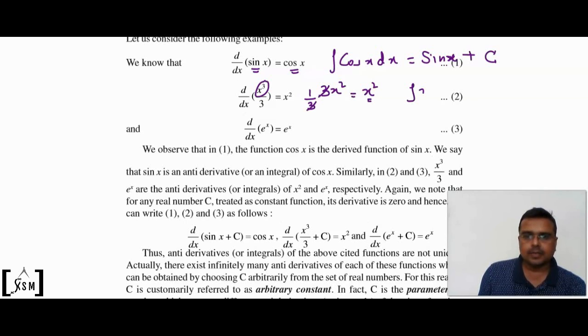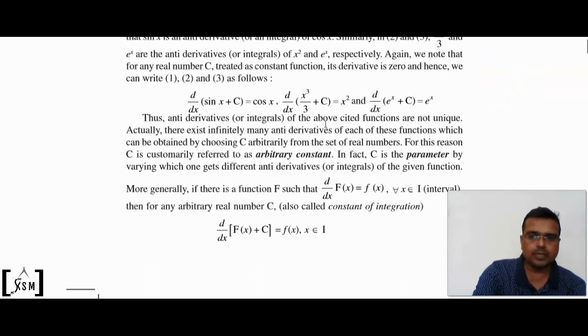So we can say that x square integration will be x cube over 3, right? And plus c is always there as an integral constant. So this is the basics of integration, right? We have certain formulas to learn for integration.